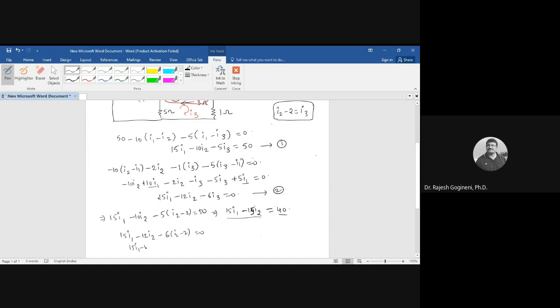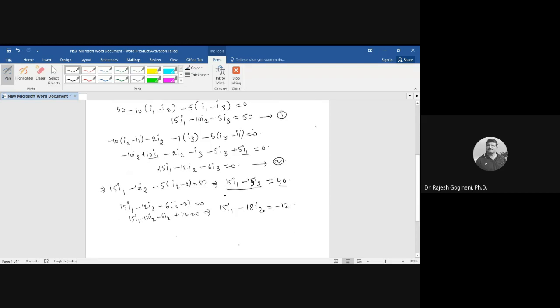So 15I1 minus 12I2 minus 6I2 plus 12 is equal to 0. So 15I1 minus 18I2 is equal to minus 12. So after simplifying, these are the two equations. So now solve it.